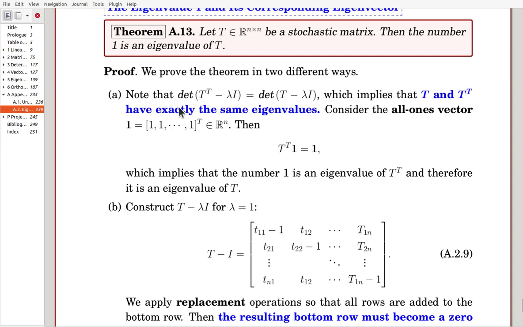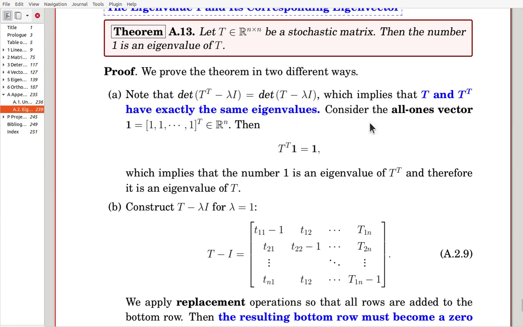First of all, we know that the determinant of T transpose minus lambda I is the same as the determinant of T minus lambda I. By solving this equation equals 0 for lambda, we can find eigenvalues. So this equality means that T and T transpose have exactly the same eigenvalues.